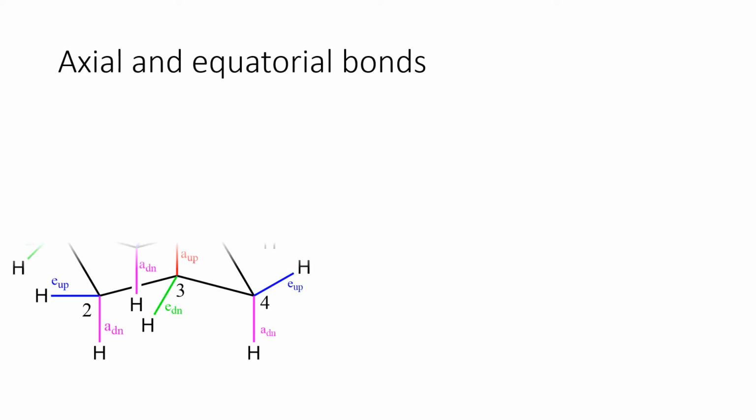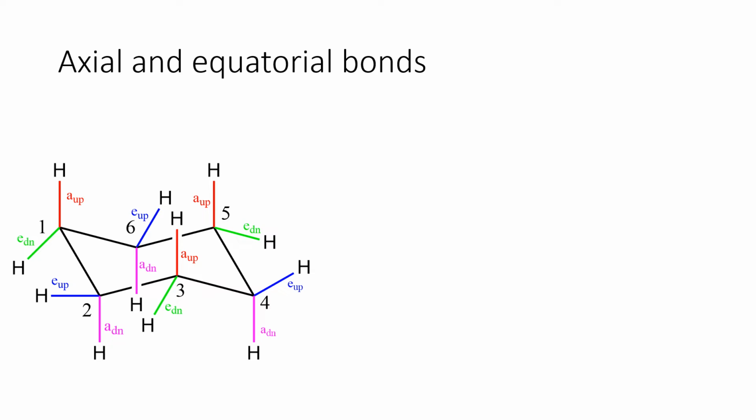But actually, a carbon in the cyclohexane ring with all the hydrogens will be represented like this. I have given a clear color to each and every direction. That is, axial up is indicated by red, equatorial down is indicated by green, axial down is indicated by purple, and equatorial up is indicated by blue. So you can see that 1, 3, 5 has axial up.